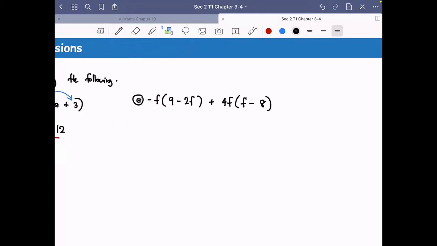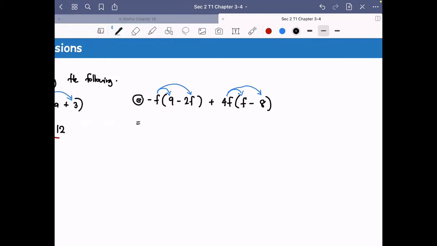Now for letter E, it's the same thing. So negative F times 9, and negative F times negative 2F. Same with this, 4F times F and then 4F times negative 8.